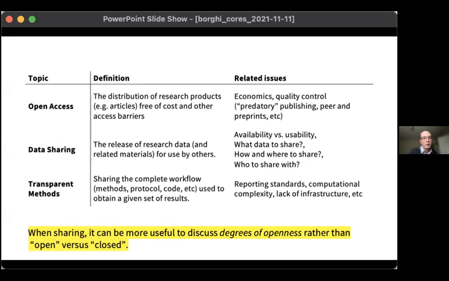And I don't want to rehash things that have been said expertly elsewhere, but I will say that when you're sharing research objects, it can be more useful to consider the degree of openness that you're talking about, rather than sharing versus not sharing or open versus closed. Because as we'll see as we go stepwise through different types of sharing, it's a continuum that we're dealing with here. And one thing that I always try to emphasize when I talk about sharing and open science generally is that there's a wide variety of practices that fall under this umbrella.